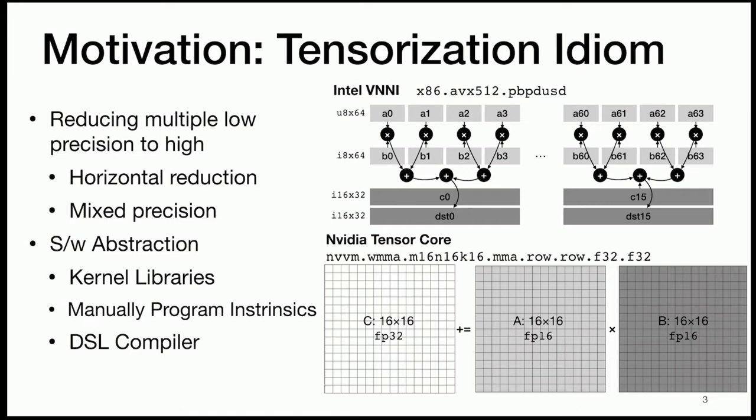In practice, if we want to use these instructions, we can either use vendor-provided libraries, which are limited to predefined kernels and lack further optimization, or write hardware intrinsics manually, which is difficult for programmers. Prior works tried to achieve both flexibility and accessibility by developing a DSL compiler for each single instruction. This requires excessive effort when there are too many instructions.